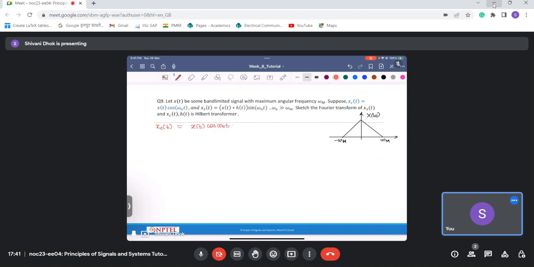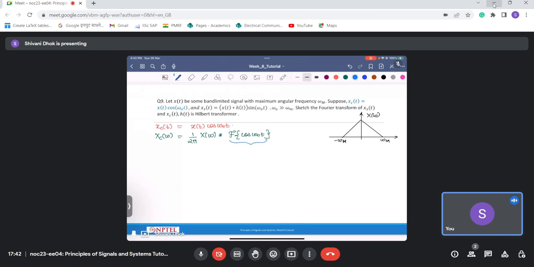We know the Fourier transform of x(t) is X(omega). So if we consider the time multiplication property of the Fourier transform, then the Fourier transform of this, let's say Xc(omega), is given as 1 by 2 pi X(omega) convolved with the Fourier transform of cos of omega naught t. So let us again simplify this cos of omega naught t.